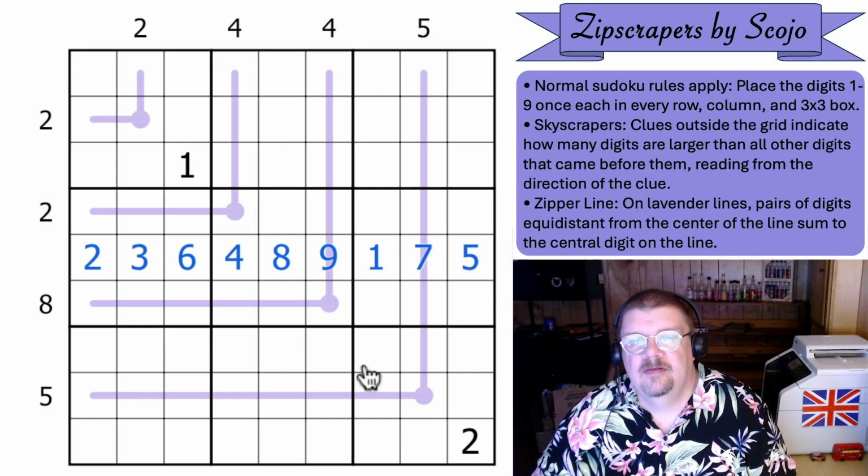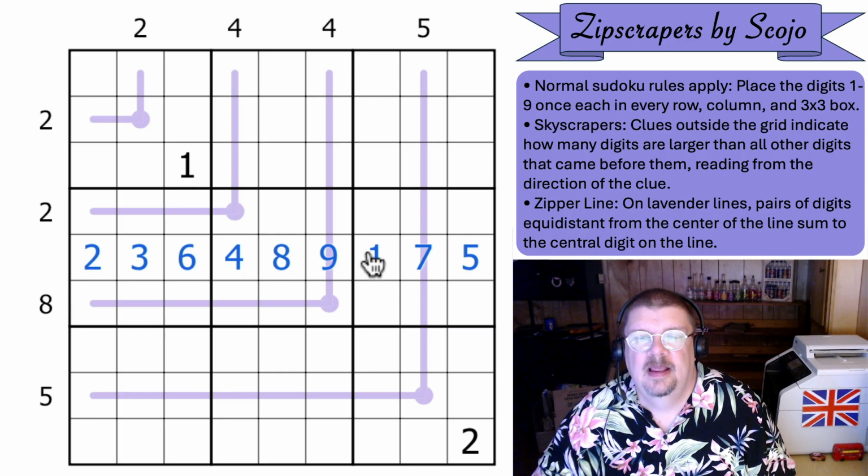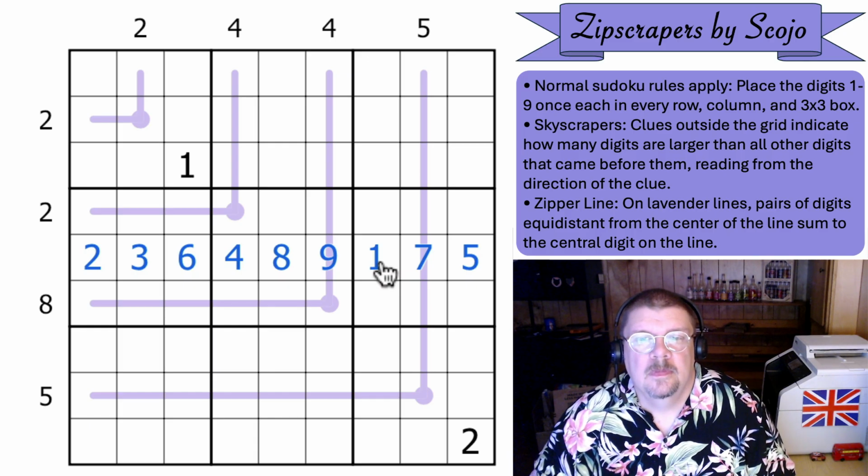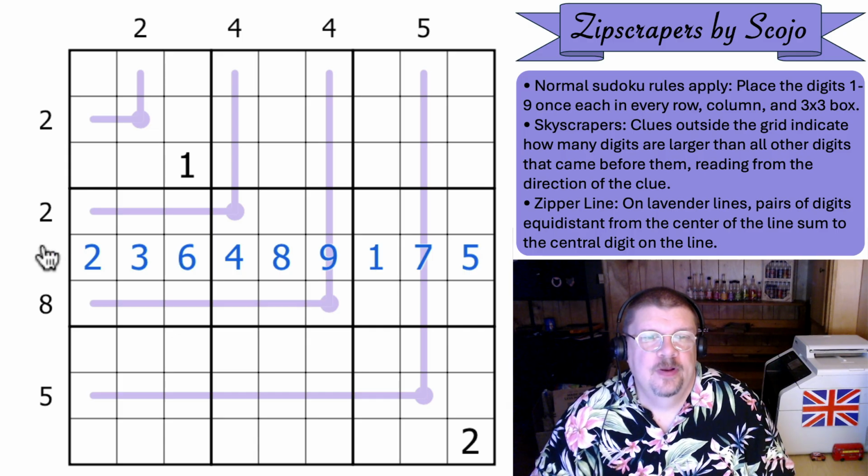The reason they're called skyscrapers, another way to look at it is if we represented the height of the cell as the value in the cell, and then we're saying how many buildings, how many skyscrapers we could see, where taller buildings obscure shorter ones.